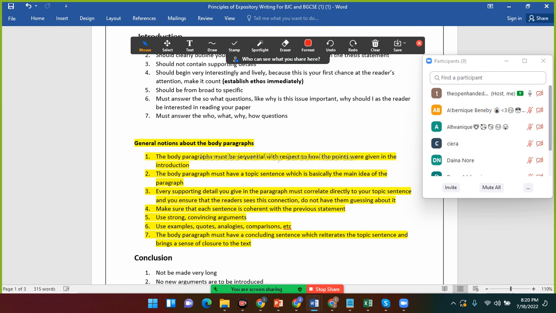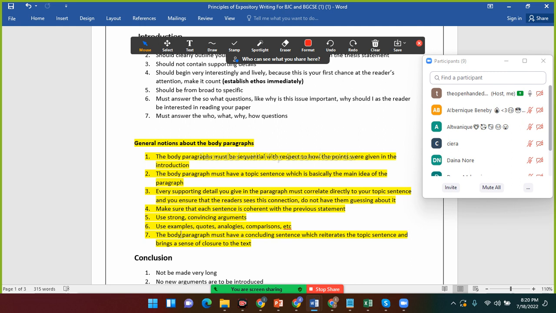The concluding sentence is like the conclusion of your paragraph. It reiterates what you said in the topic sentence, and it brings a sense of closure. It should make me feel like, yes, we're coming to the end of this paragraph.